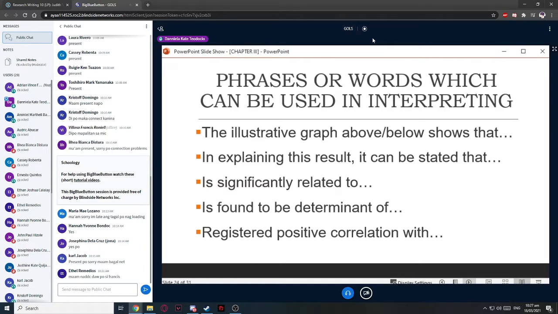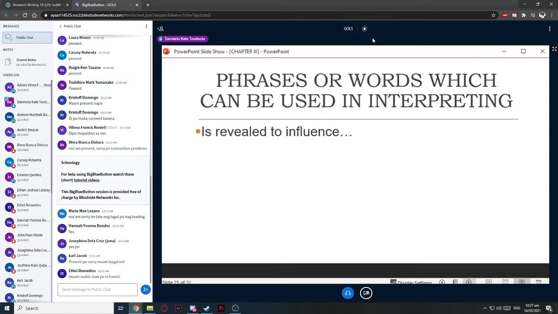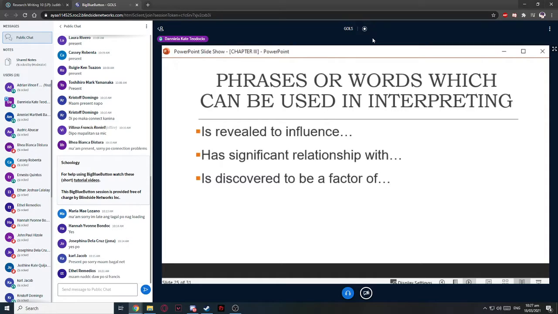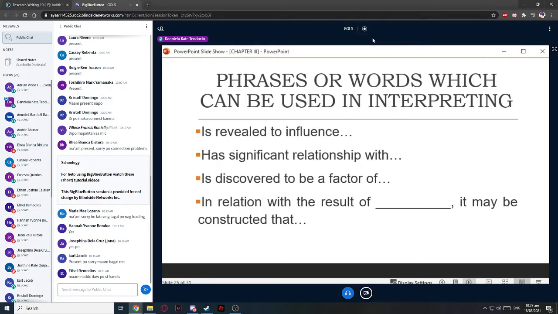registered positive correlation with, and also use is revealed to influence, has significant relationship with, is discovered to be a factor of. In relation with the result, it may be construed that, and in view of this, it can be stated that.